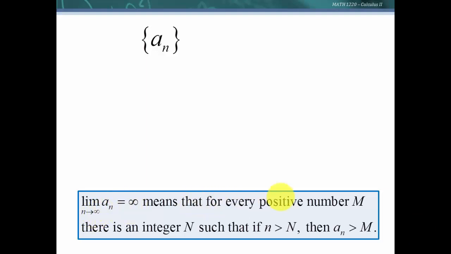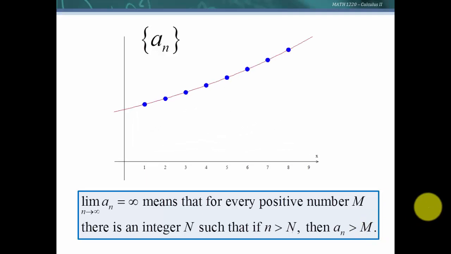It means that for every positive number m, there is an integer n such that if n is past m, then the sequence term is greater than m. So this means it's unbounded and therefore a divergent sequence. And here is an example. For any m that you pick, I can find an n such that if I picked an integer term greater than that, I'm going to be above my limit m.